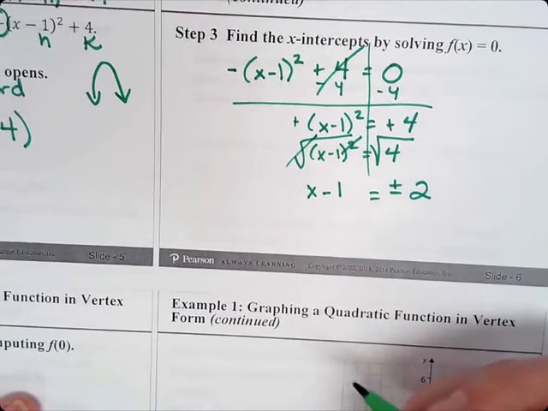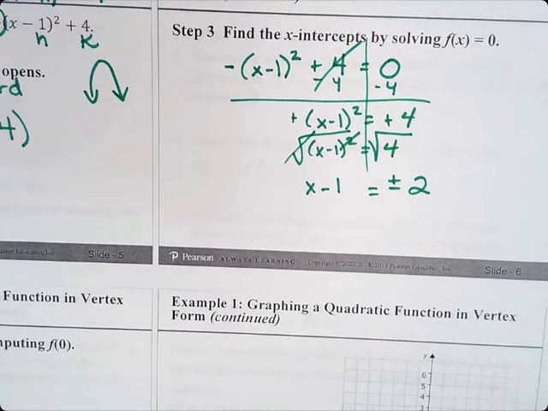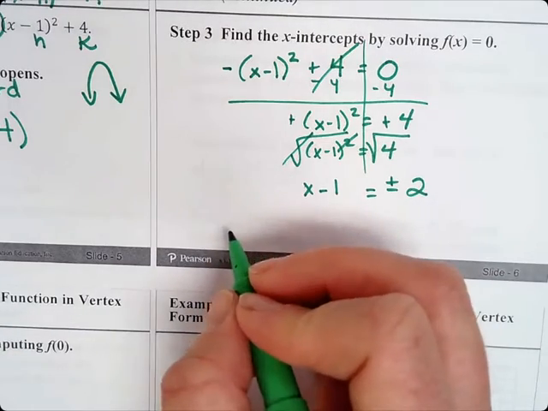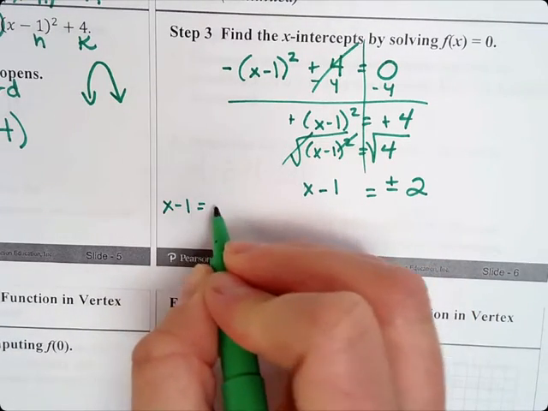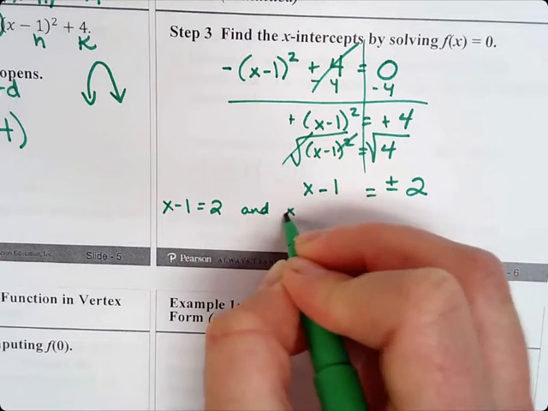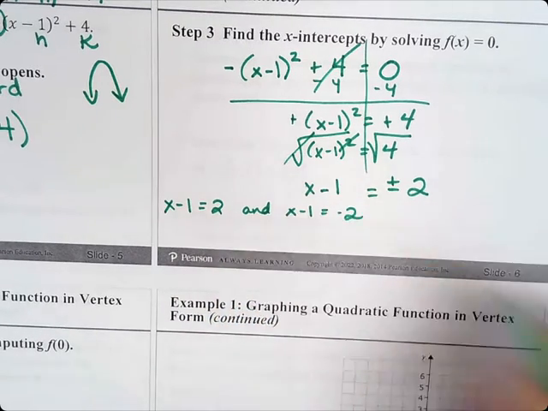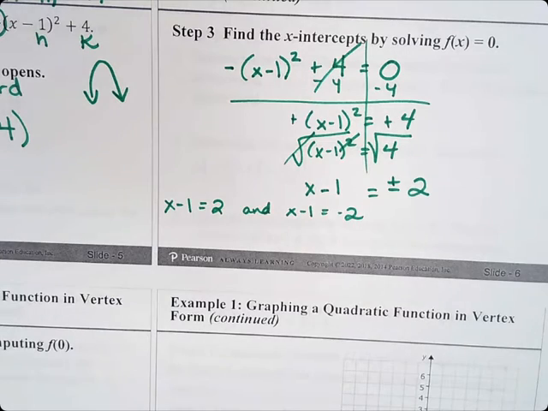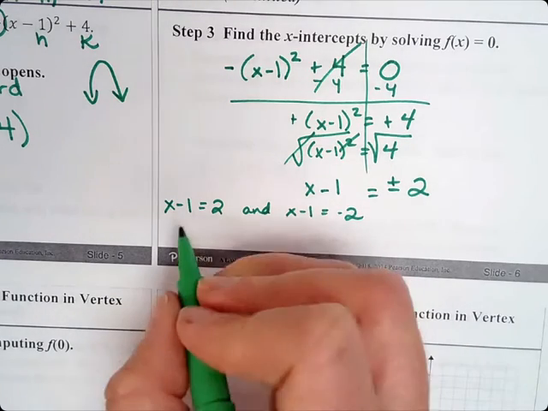So we're actually going to have two x-intercepts here. We'll say x minus 1 equals 2, and x minus 1 equals negative 2. Why would you not distribute?